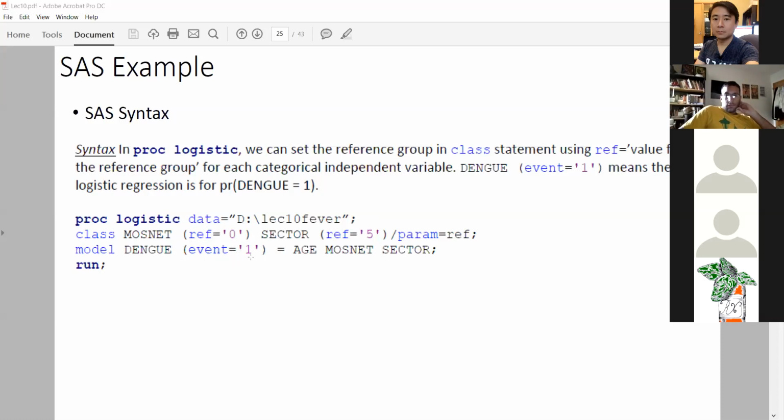No, the thing's different. This part is for the predictor variables, right? And this part is for the outcome variables. The reason is the outcome is binary, 0 and 1. And you may also have predictors which are 0 and 1. So here, if you specify the event 0 and 1 reversely, it is equivalent to a reverse specification of your binary predictor. This is simply a 2x2 table, right?